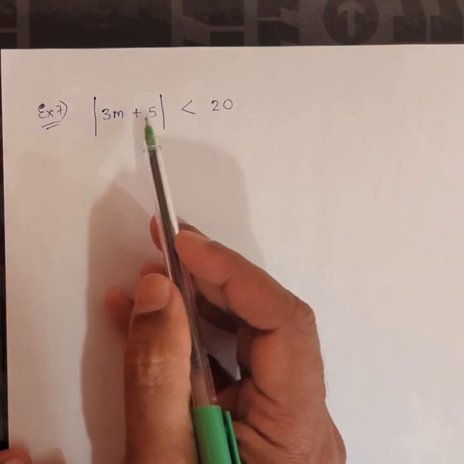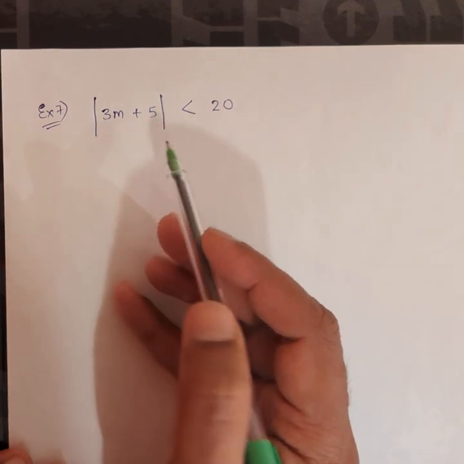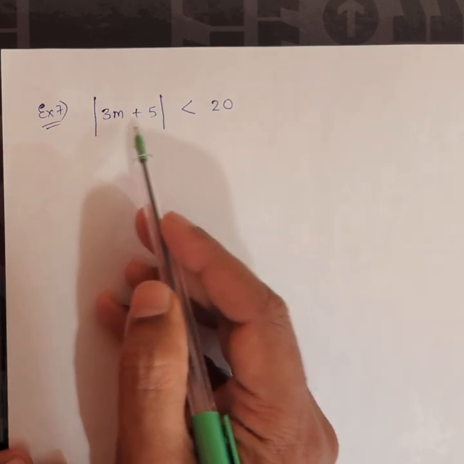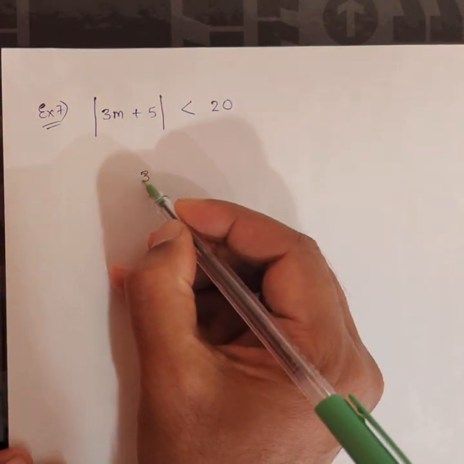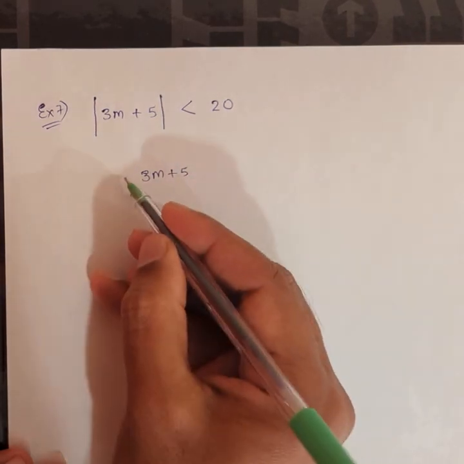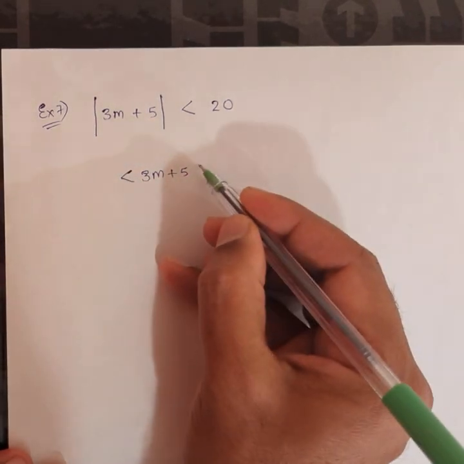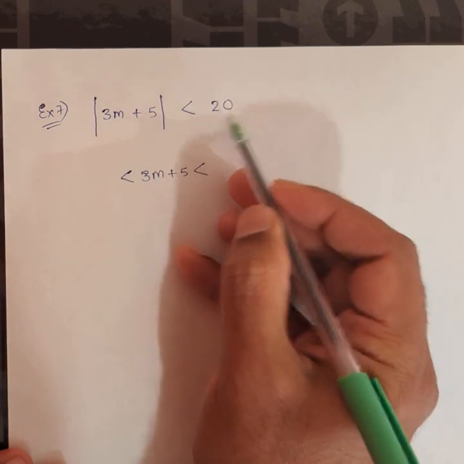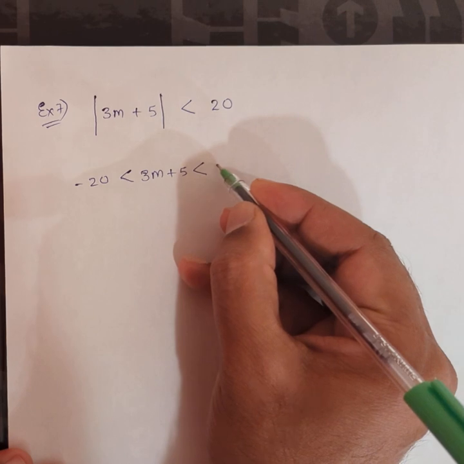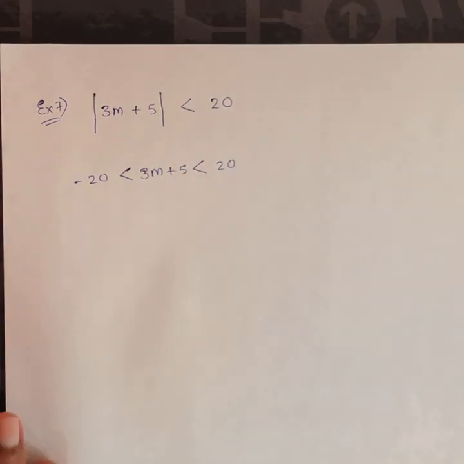When you have absolute value by itself on one side of the inequality, you can sandwich this quantity 3m plus 5 between the negative and positive of 20. So I'm going to write negative 20 on the left, positive 20 on the right.